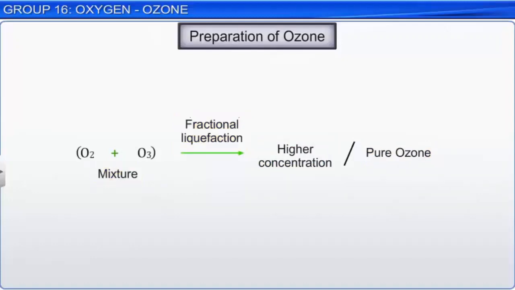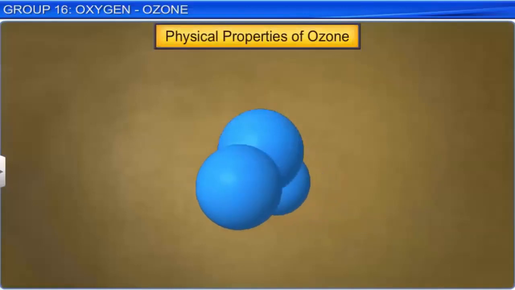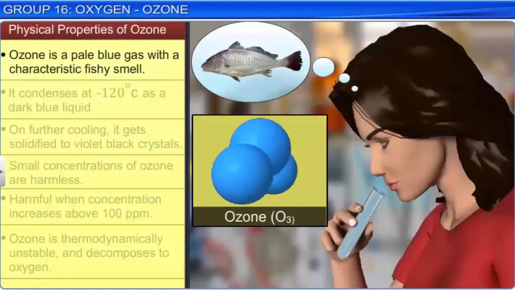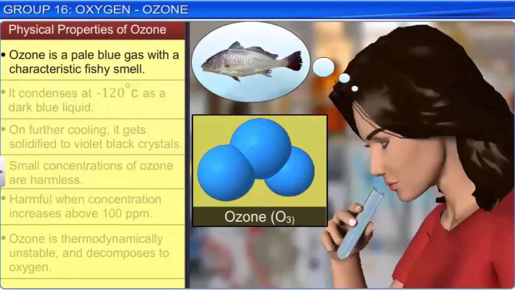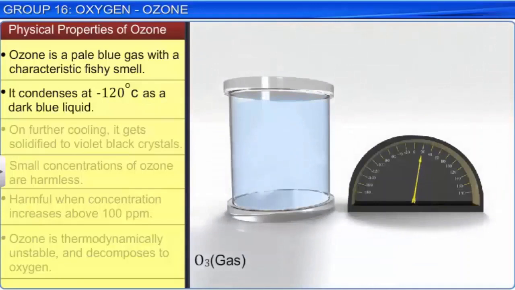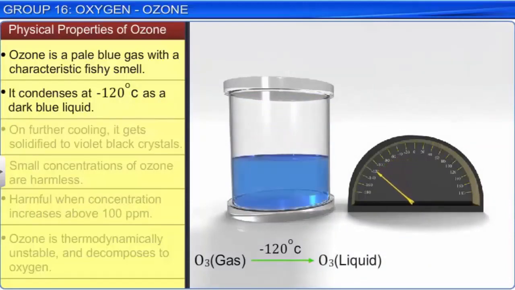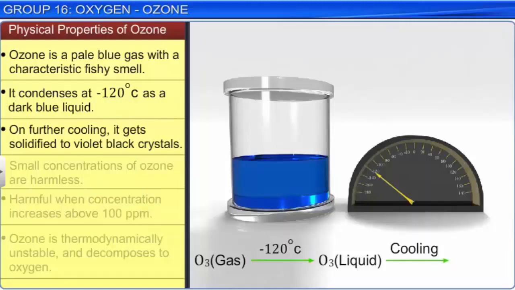Let's look at the physical properties of ozone. Ozone is a pale blue gas with a characteristic fishy smell. It condenses at -120 degrees centigrade as a dark blue liquid. This, on further cooling, gets solidified to violet-black crystals.